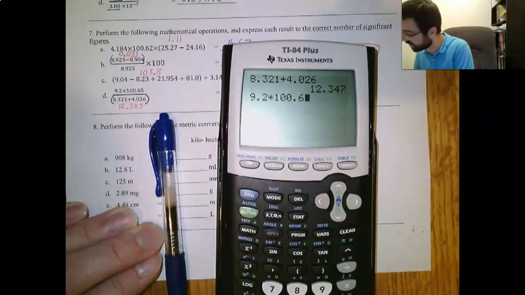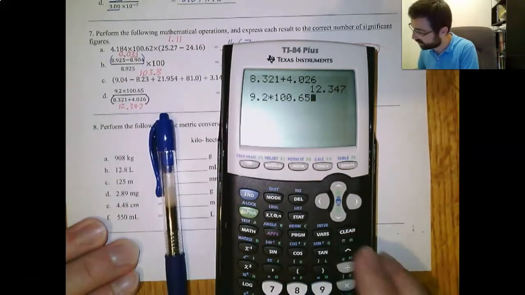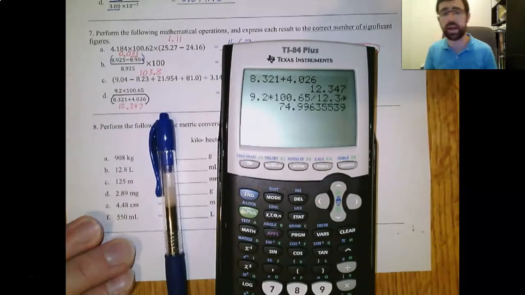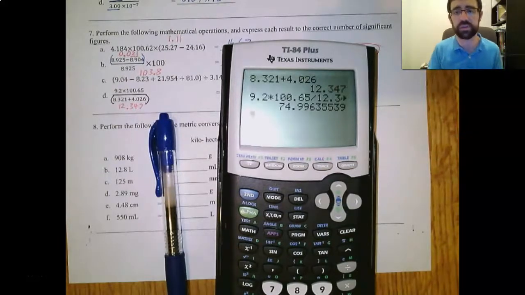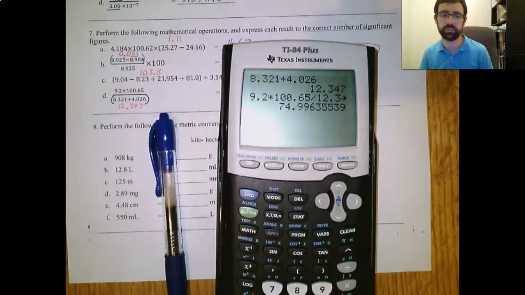I just hit 2, 5. And then we're going to divide by 12.347. I need to round that to the correct number of significant figures, which we said was 2. So it's 74.996, and so on. 2 significant figures would be 74. Because the next number is greater than 5, we're going to call it 75.